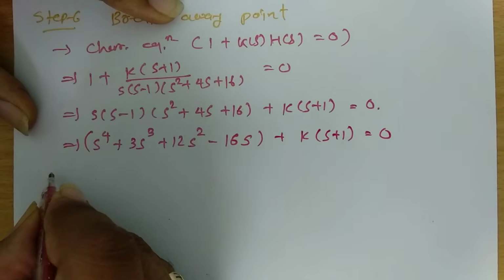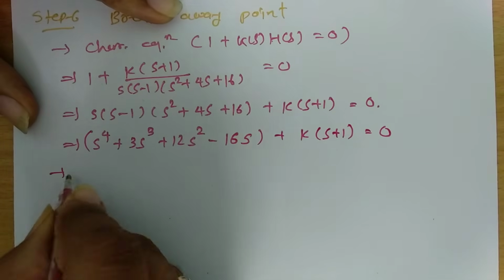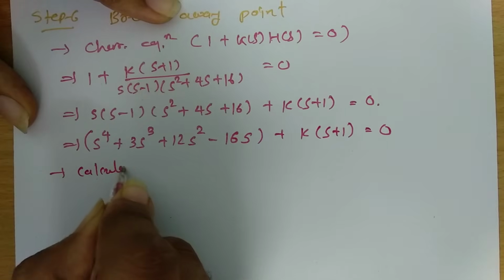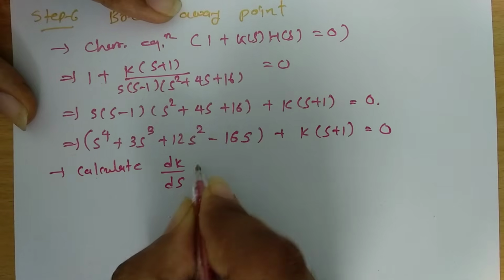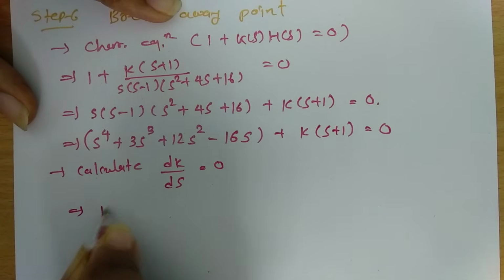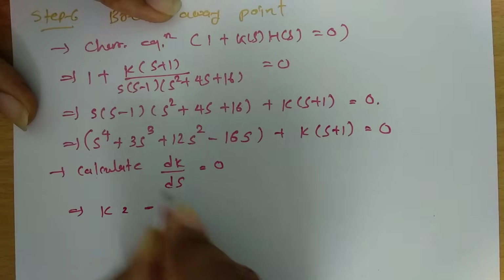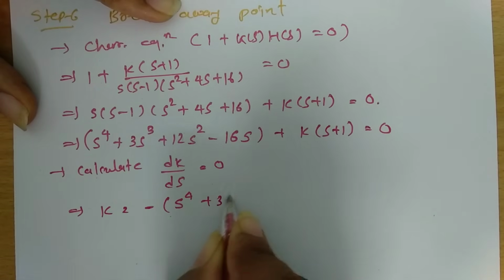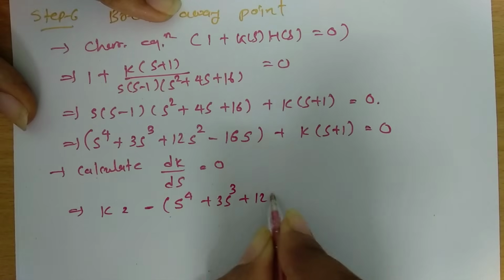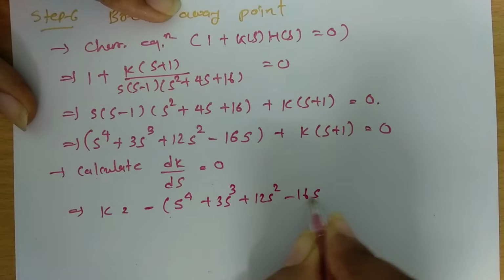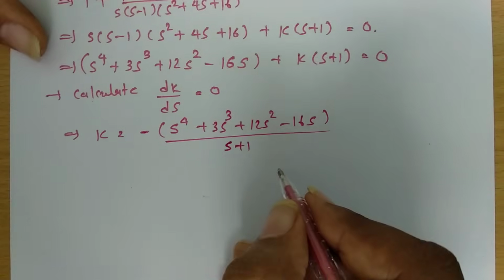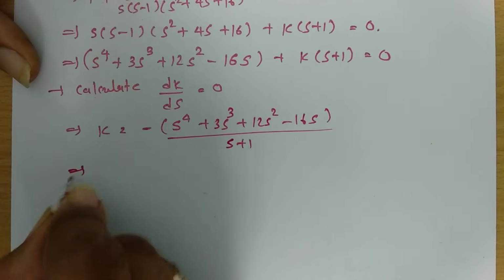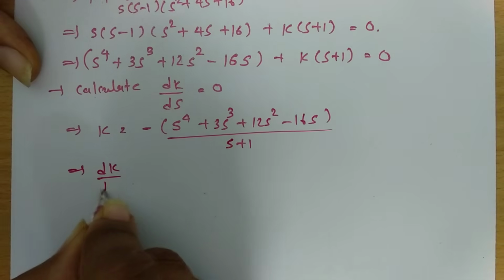Now based on that, we will be calculating dK by ds equals 0. So here K equals minus of (s to the power 4 plus 3s cube plus 12s square minus 16s) divided by (s plus 1). So here dK by ds equals 0.